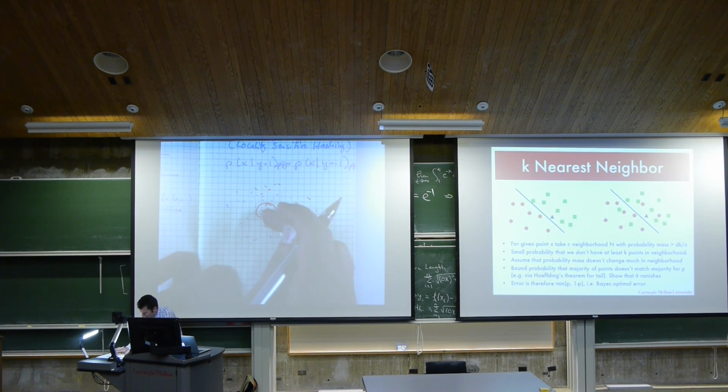Basically what you have to do is assume that the region containing those points will get smaller and smaller, which is fine because what we are going to do, for instance, is let's say we pick k to be of the order of the square root of the sample size.